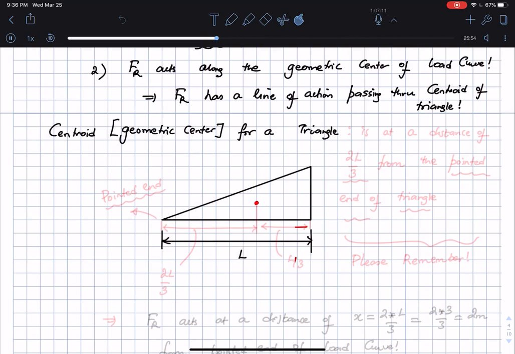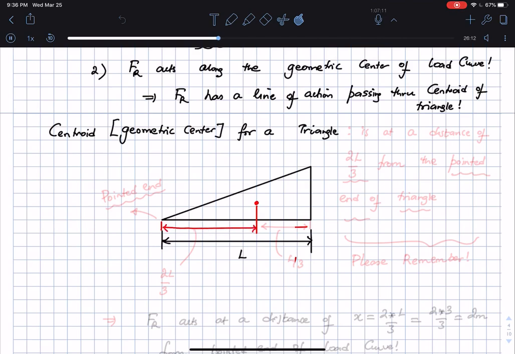It is going to be leaning towards the heavier side of the triangle. So the centroid location is going to be at a distance of 2L/3 from the pointed end of the triangle. That's going to be this distance here.